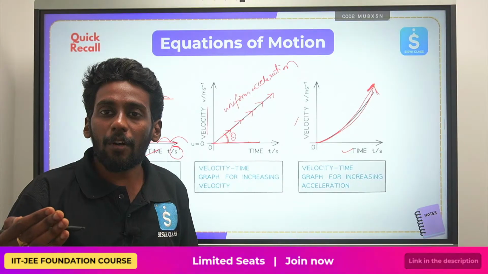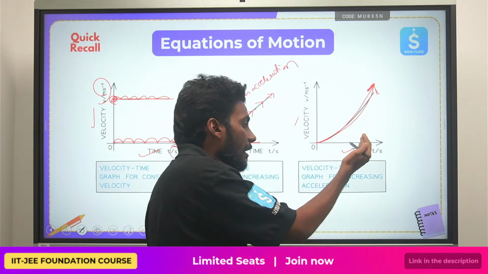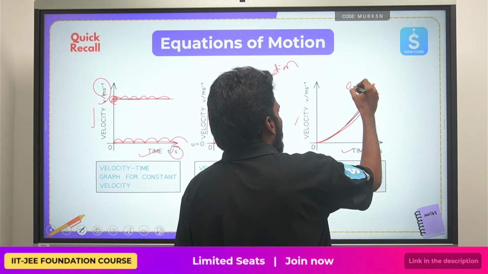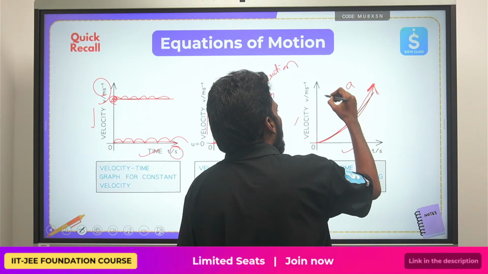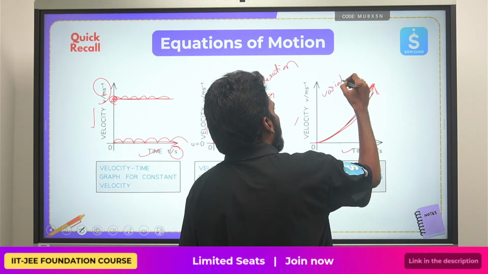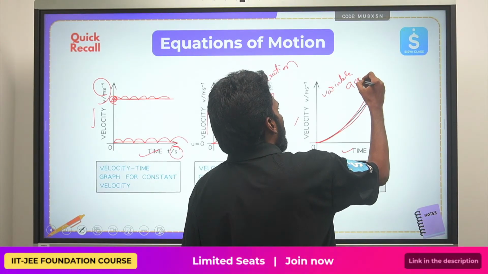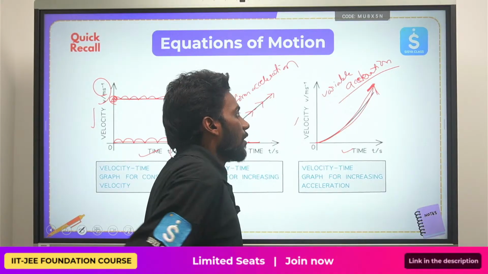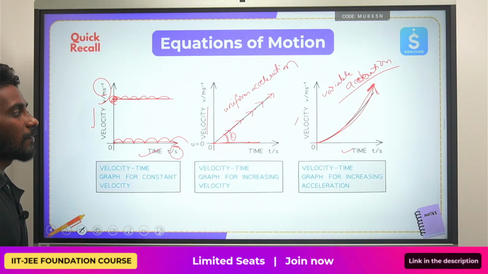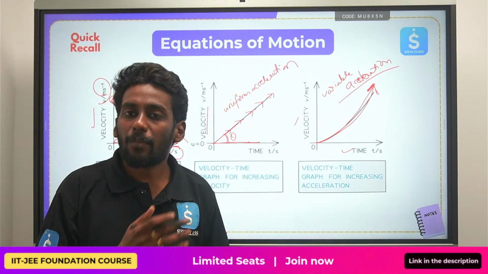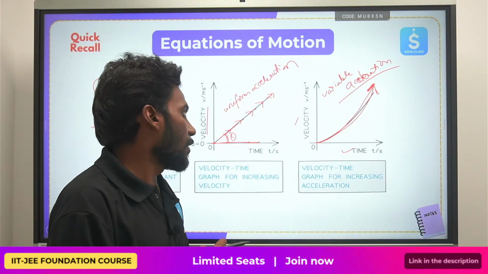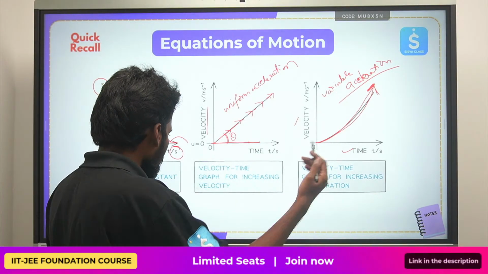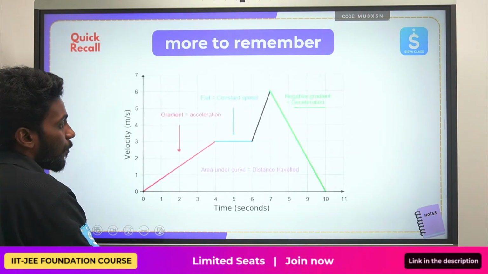The rate of change of velocity, which is acceleration, is variable. Here we have variable acceleration, right? So these are some of the velocity time graphs. These are the most important 3 situations we are going to see in the upcoming numericals.